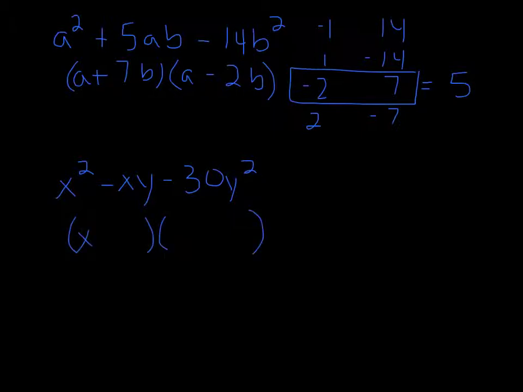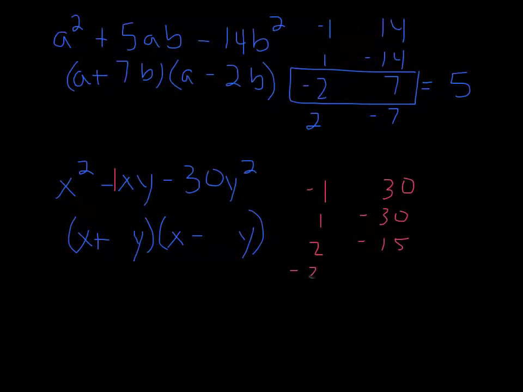And finally the last one, multiplying to be a negative here. So we've got x and x, we've got y and y, multiplying to be a negative, so a positive times a negative. Our middle term doesn't have a coefficient, so what is it? It's 1. So 1 and 30, negative 1 and 30, 1 and negative 30, 2, negative 15, negative 2 and 15. Hopefully you don't have to do all this stuff. Hopefully you're starting to catch a little trend going on.